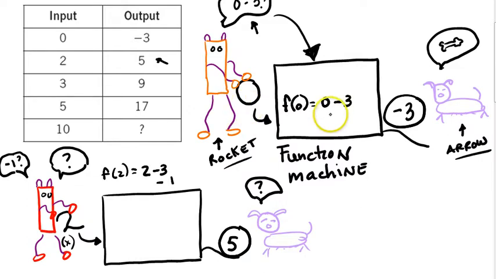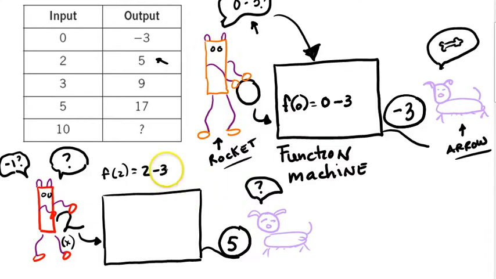Well, Rocket knows that subtracting 3 is part of it, because when 0 was part of the input, -3 came out. So there has to be some element of subtracting 3. Now he also knows that the property of 0 is if you multiply anything by 0, you get 0. So there must be something being multiplied for us to have gotten a 5.